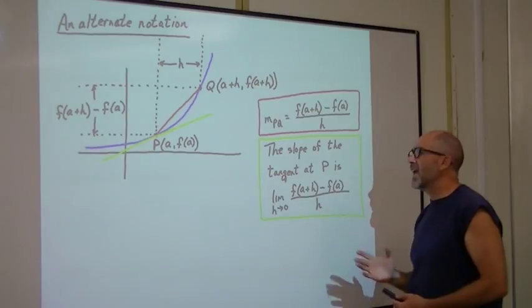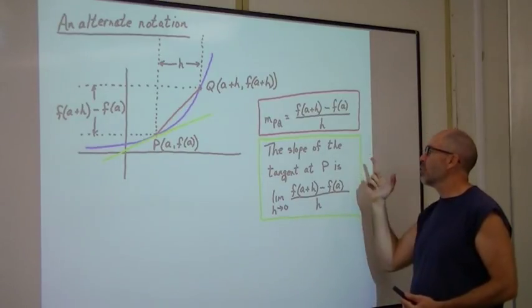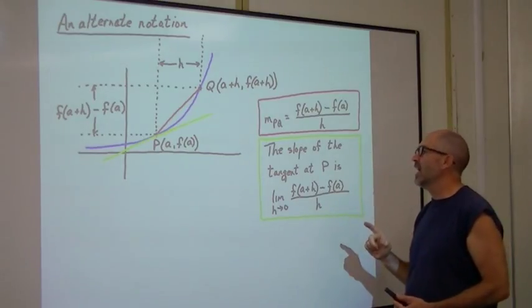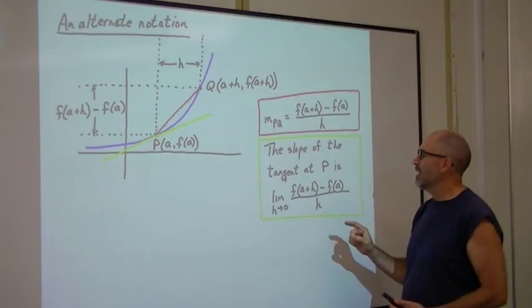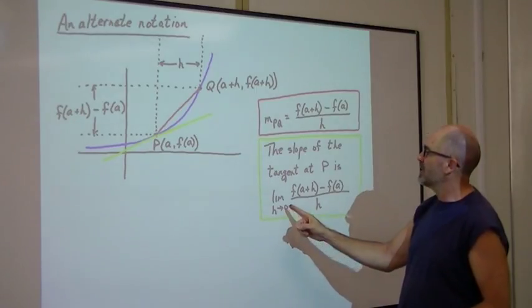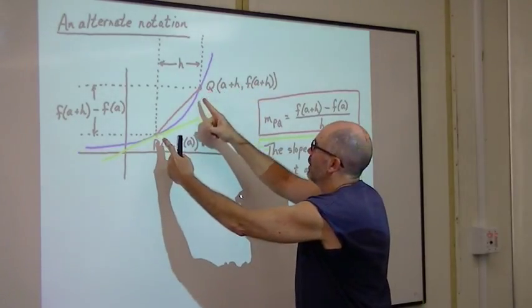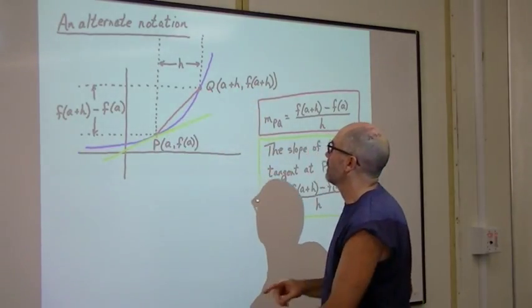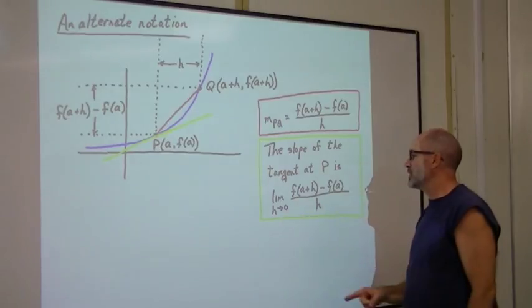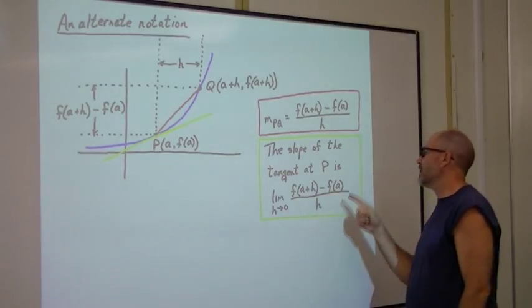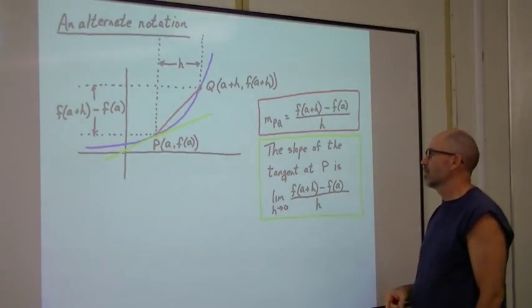So, likewise, the slope of the tangent at P is going to be the limit as h approaches 0, the limit as Q gets closer and closer to P. So the limit as h approaches 0 of f of a plus h minus f of a over h.